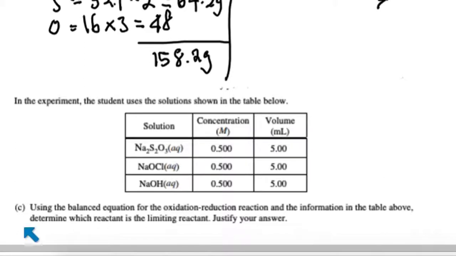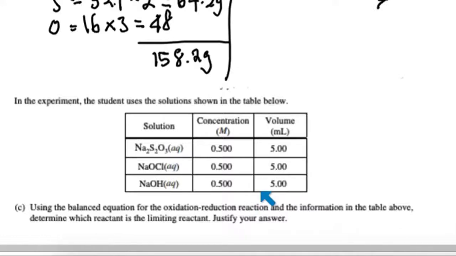So next, using the balanced equation and the information in the table above, determine which reactant is the limiting reactant. Justify your answer. So from the table above, we are shown that they're using the same concentration and volumes of each of the 3 reactants. So we have to think then which one is the limiting reactant.